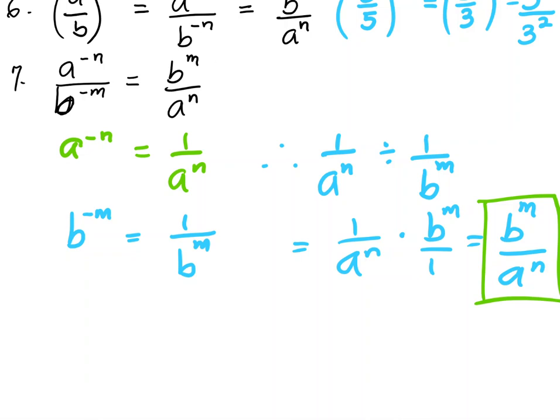And as a quick example, if we have, let's say, 3 raised to power of negative 2 divided by 4 raised to power of negative 3. So what that is saying is that, because of this negative, we can say this is 4 raised to power of 3 divided by 3 raised to power of 2.